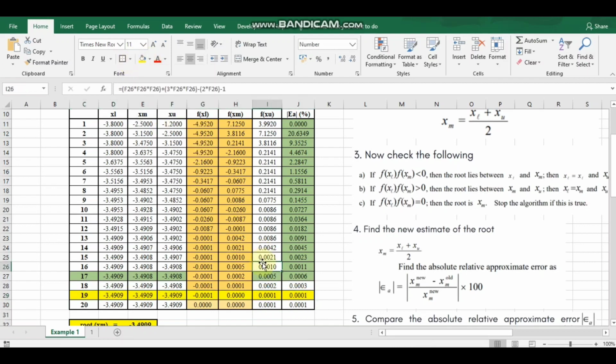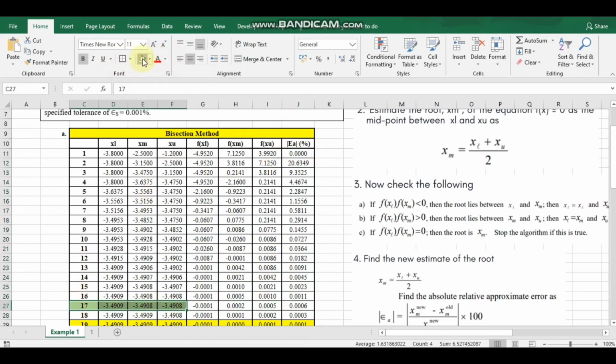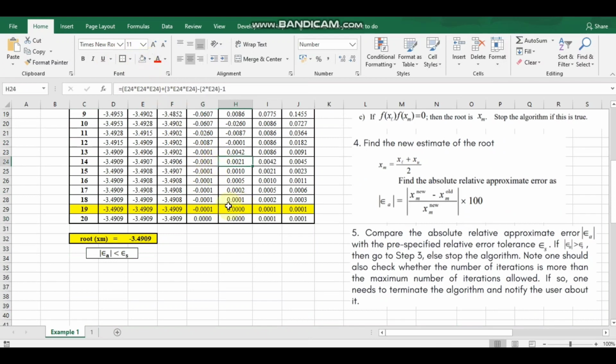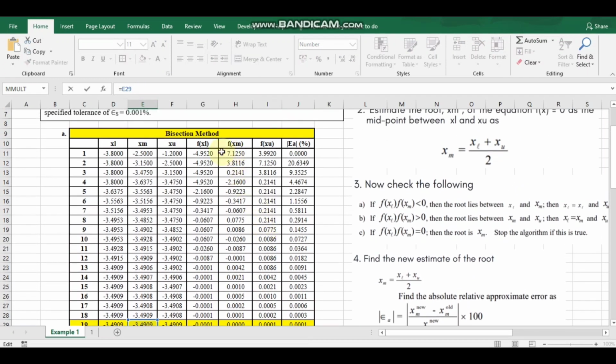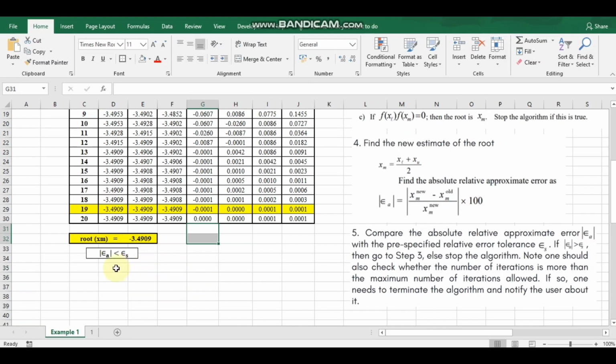Therefore, from here, we can conclude that our xm, or the root, will now be negative 3.4909. This is because the product of f of xl and f of xm is equal to 0, and that ends our computation.